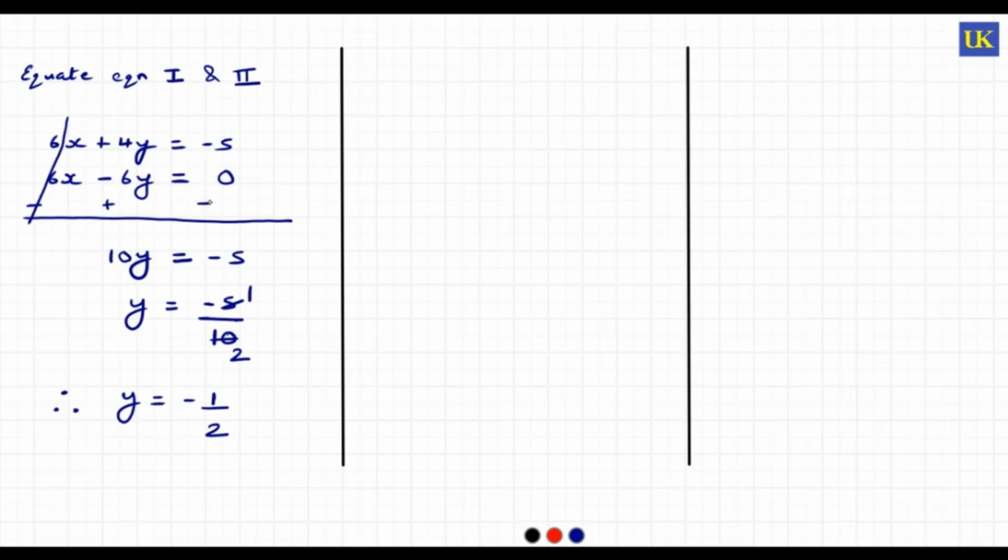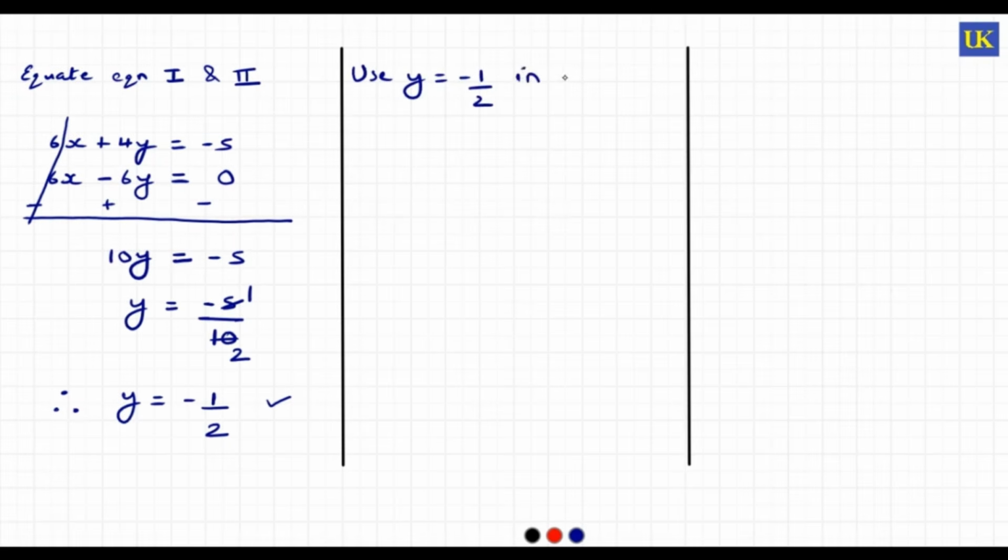Only take -5. Okay, don't get confused. While solving you have to just ignore this 0 part, take only -5 here. So the value of y is -1/2.